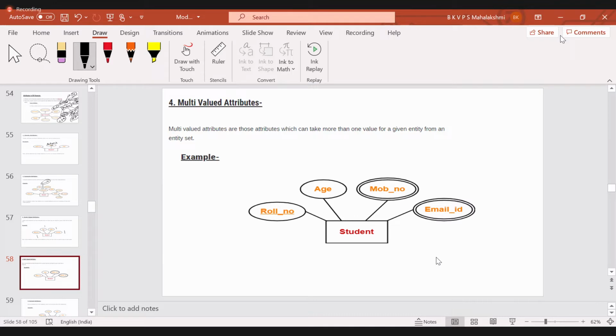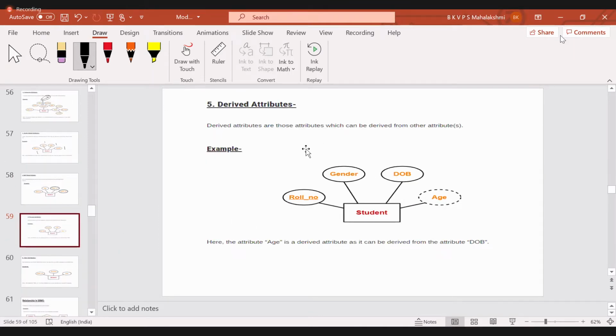For multiple values, we have to draw the double oval shape. So this is what multi-valued attributes are. See here, you should also know the definition: attributes which can take more than one value for the given entity. Wherever you're noting something, put the heading and draw the representation. That's it.